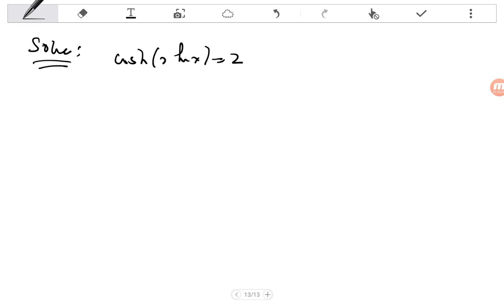You notice here that I have a ln function inside the hyperbolic function. So the first impression is to make a simplification for this expression, the expression on the left hand side.